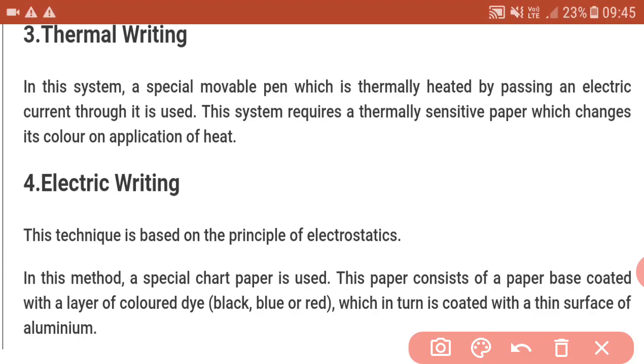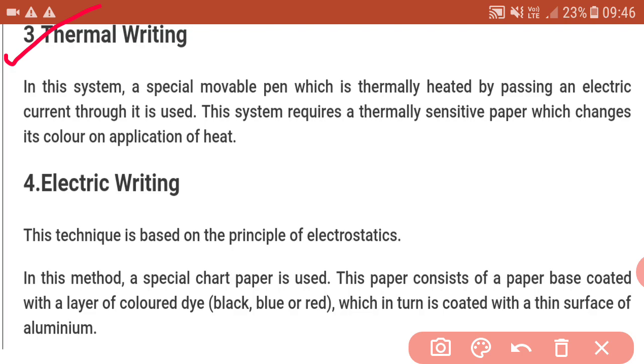Now the third one is thermal writing. In this system, a special movable pen which is thermally heated by passing an electric current through it is used. See, in this thermal writing, we use the effect of temperature.